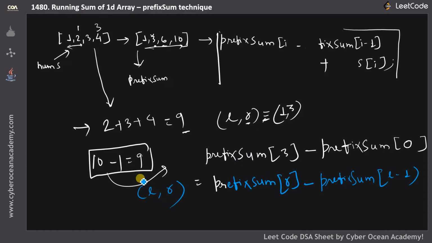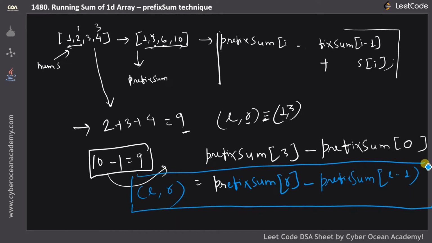Why are we going to learn this prefix sum technique? When we solve problems using it, we use this concept: if you want to find the sum between a range, we just take the prefix sum at the right index minus the prefix sum at left index minus 1. You may ask why 2 plus 3 plus 4, which gives 9, is equal to 10 minus 1.